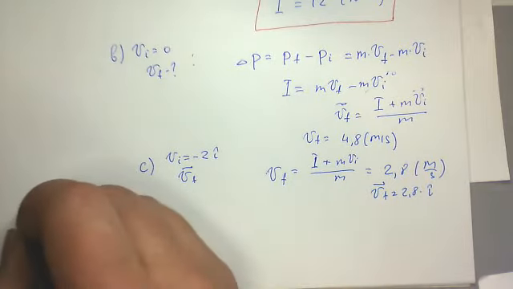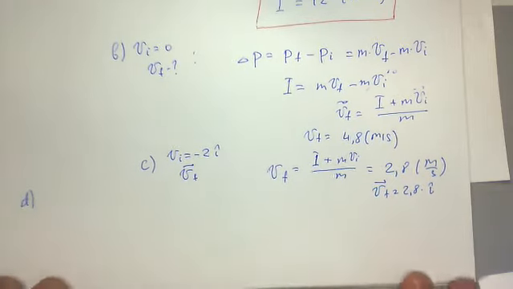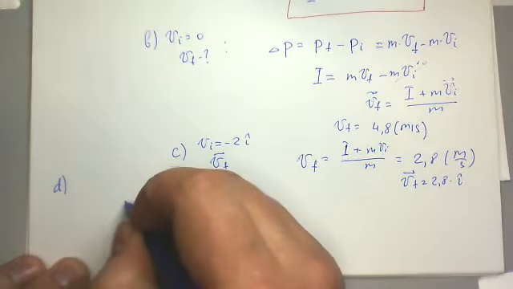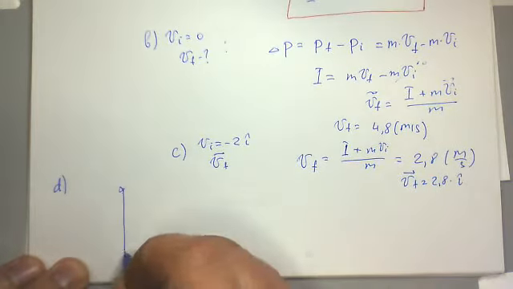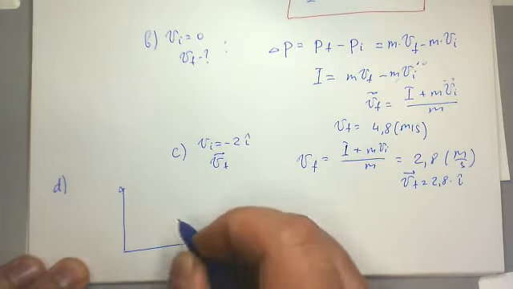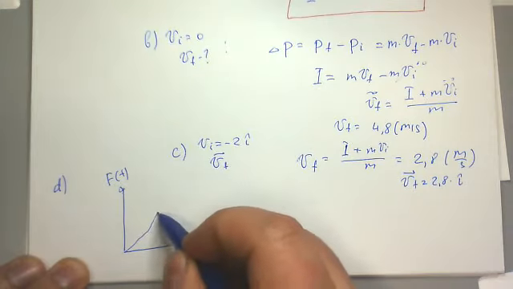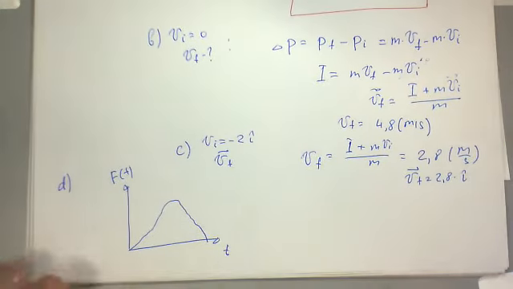Now let me briefly remind you of the concept of the average force. In general, we said that force can be not constant. The force acting on the object can be a function of time, so it can behave like that as a function of time.